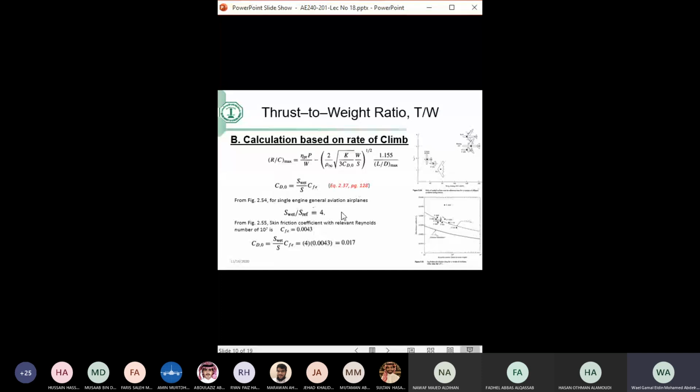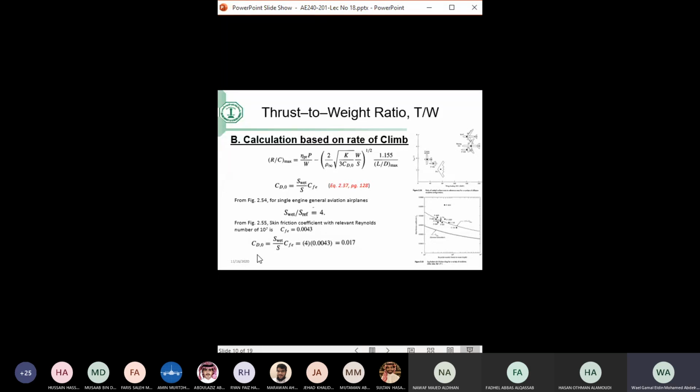Now, that's not quite accurate. That's not a very good way to do this, but it's better than nothing. So if I use this procedure with a coefficient of friction of similar aircraft, and an external surface area of about 4 times the wing area, which depends on the shape of the aircraft. For every aircraft shape, not category or type, just the shape, there is an estimate of this external surface area.